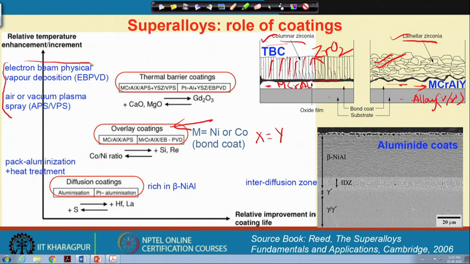Electron beam physical vapor deposition is a very common technique for producing thermal barrier coat, but one should remember that if we take a base alloy, then one layer after another is to be given: first some overlay coating, then the thermal barrier coating.